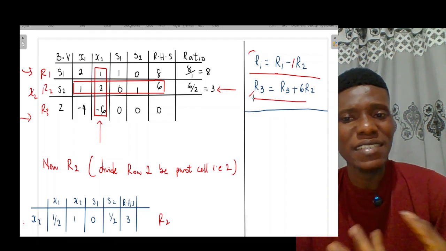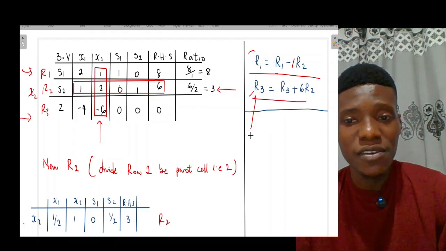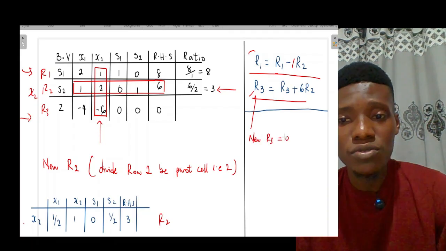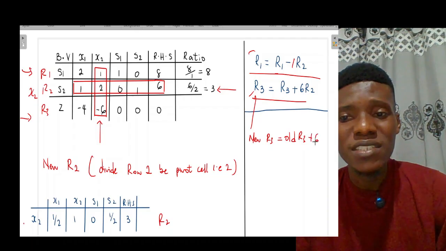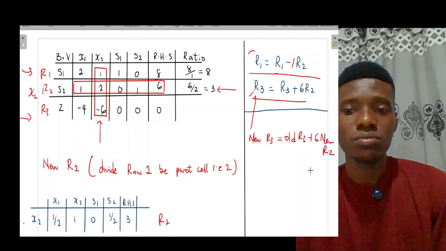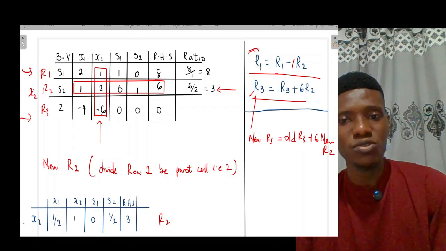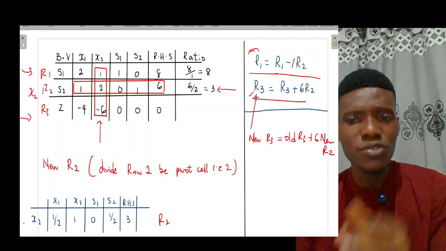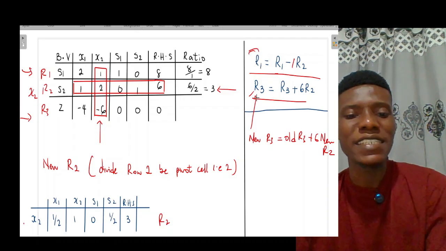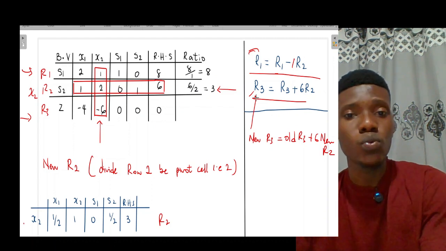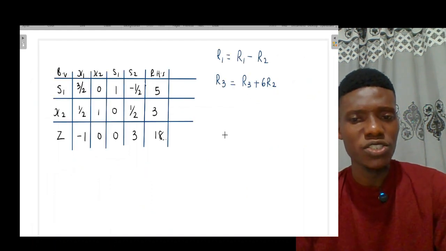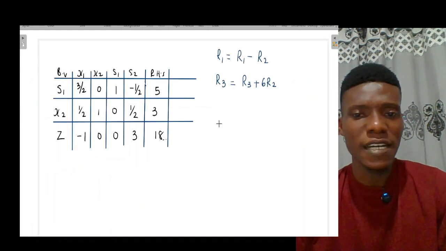So if I'm to write this out properly, the new R3 is equal to the old R3 plus 6 times the new R2. The same thing for this. This is the new R2 that we want to create now. And using this formula, we'll generate a new tableau, which is this. So let's try what I just explained now.